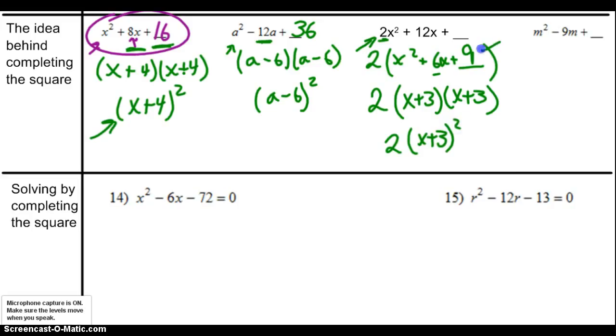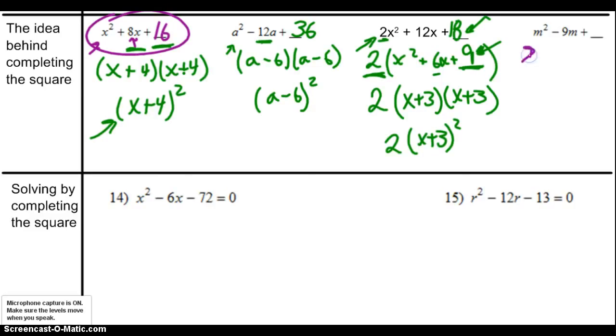But that's not really what I was adding up at the top. If I added 9 here, that 9 is inside of parentheses with this 2 out front. So really, adding 9 in the second step is like adding 18 in my first step. And that's going to be an important fact when we do completing the square with some more complex problems.